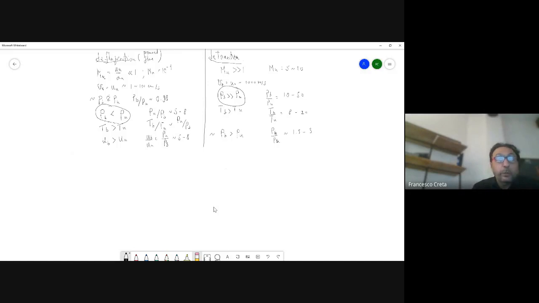So first of all, let me rewrite the jump relations in the general form, which are respectively conservation of mass, okay? So remember what the jump operator is. Conservation of momentum, okay? This is the normal component of momentum.